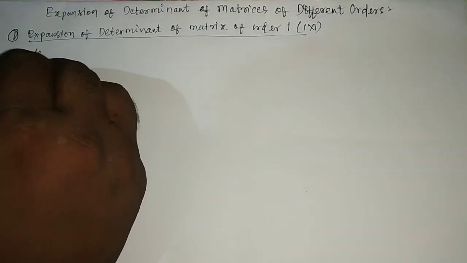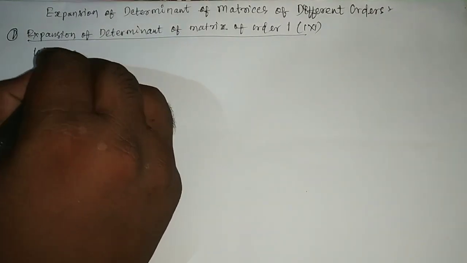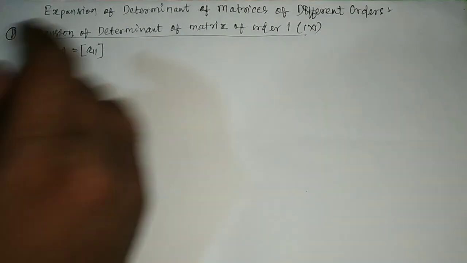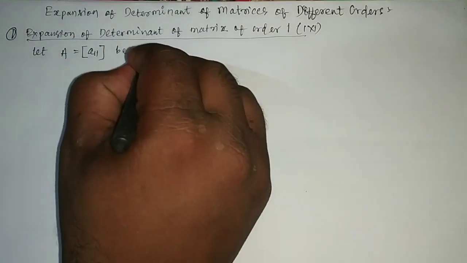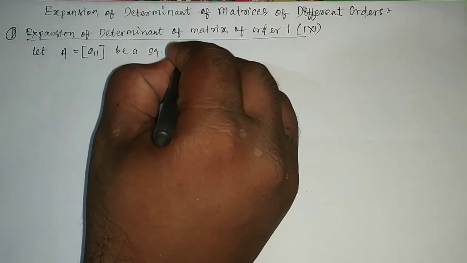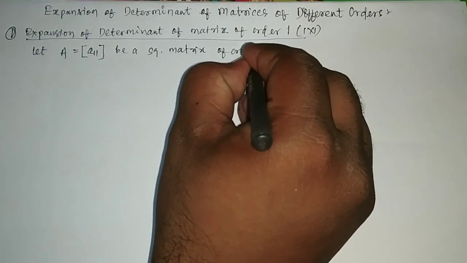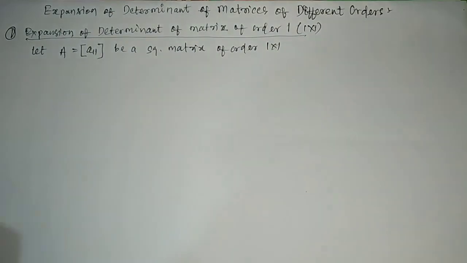Let A equal to [a11] be a square matrix of order 1 by 1.